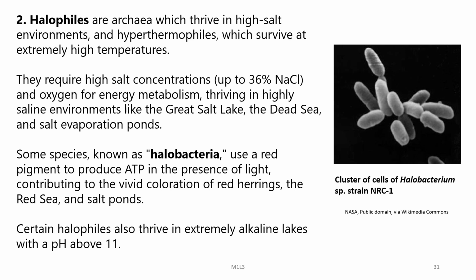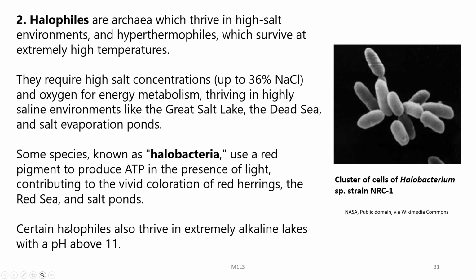These are Archaea which thrive in high salt environments, and hyperthermophiles which survive at extremely high temperatures. They require high salt concentrations up to 36% NaCl and oxygen for energy metabolism, thriving in highly saline environments like the Great Salt Lake, the Dead Sea and also in salt evaporation ponds.